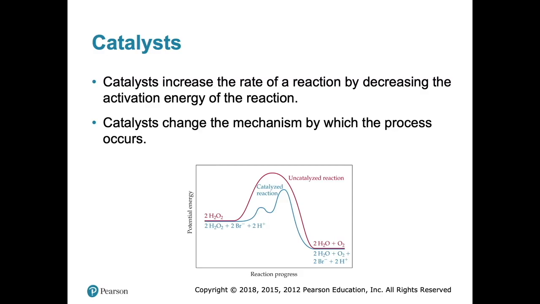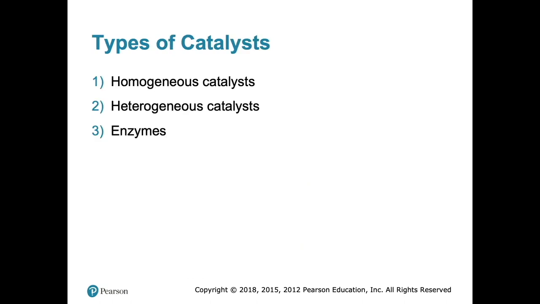Water and oxygen. And which is the catalyst? The thing that doesn't change, but is there to help the reaction go a little faster, is the Br and the hydrogen. So be able to look at these reaction diagrams and tell the difference between a catalyst, a product, and a reactant.